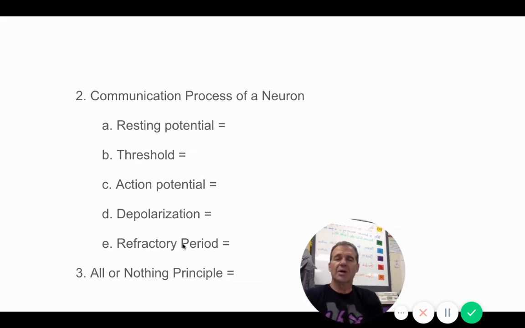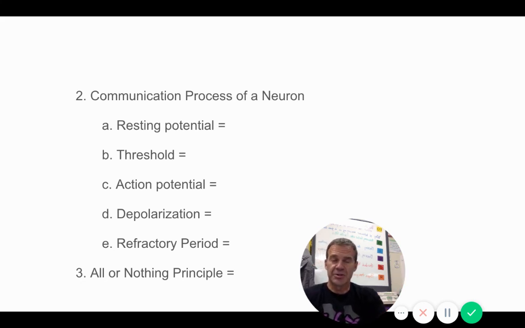Okay, so it might be a good idea for this unit, in fact, it's an assignment. Every time you go to the bathroom, I want you to walk in the bathroom and yell really loud, resting potential. Do what you got to do, and then press the lever and yell as loud as you can, threshold.